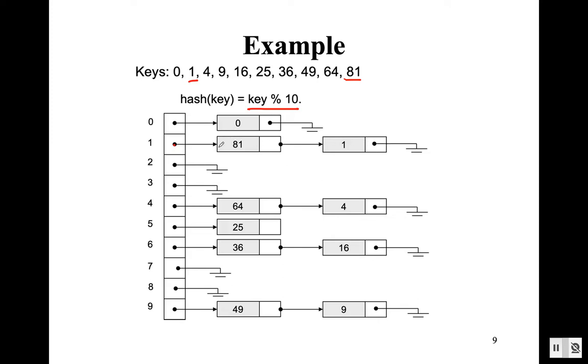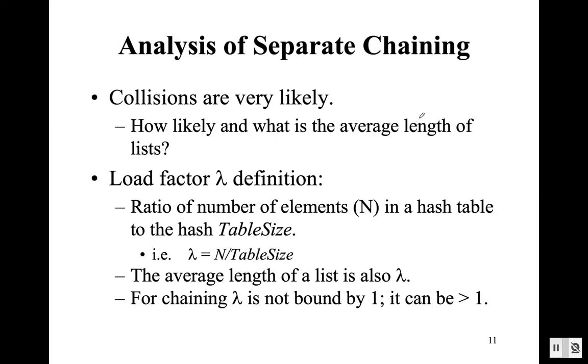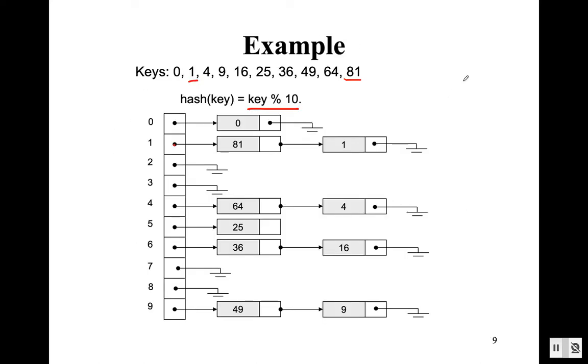So we have to use an additional data structure, and probably the best way to implement the list is using the linked list data structure. Another thing to analyze in separate chaining is the cost of successful search or unsuccessful search.